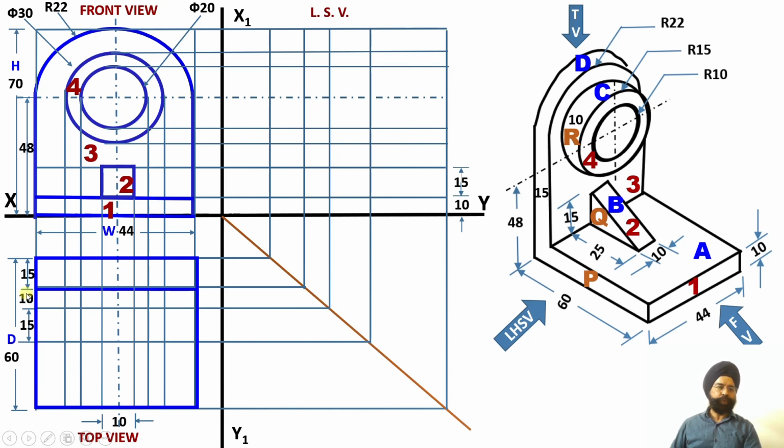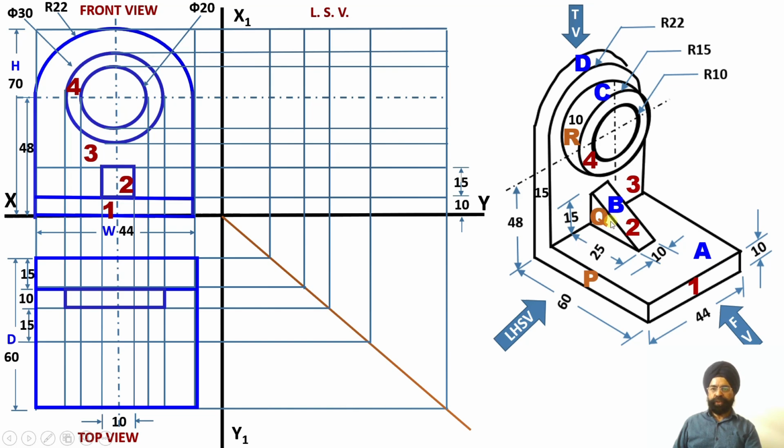And what is the depth over here? Depth is equal to 10 millimeter. So this depth of this circular projected web is equal to 10 millimeter. Let me darken this. This is again a rectangle, the top view of surface C, again apparent shape. This is surface D, apparent shape.